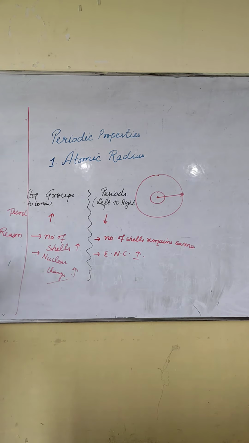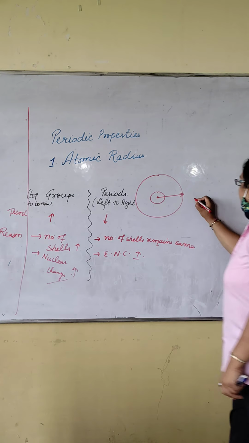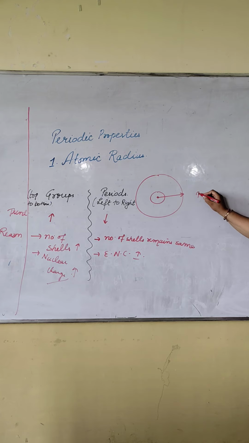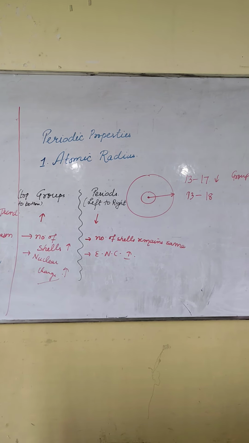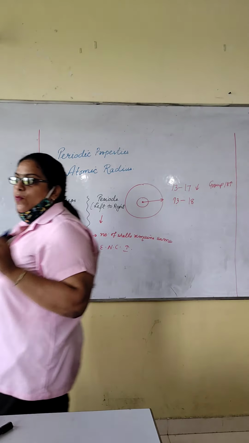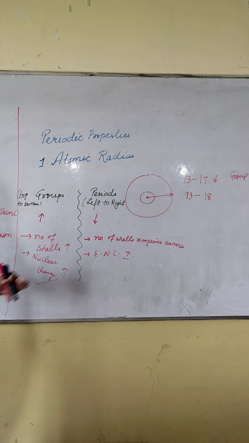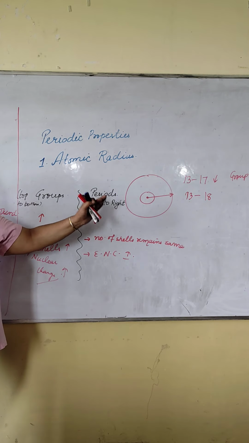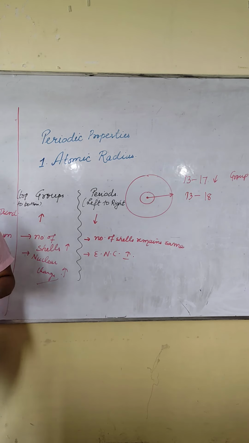But there are certain exceptions. When we are moving from group 13 to 18, up to group 17 size decreases, but group 18 has a little bit greater size than group 17. Why? Because up to group 17 we are taking into consideration the covalent radii, but in group 18 we are considering the van der Waals radii.